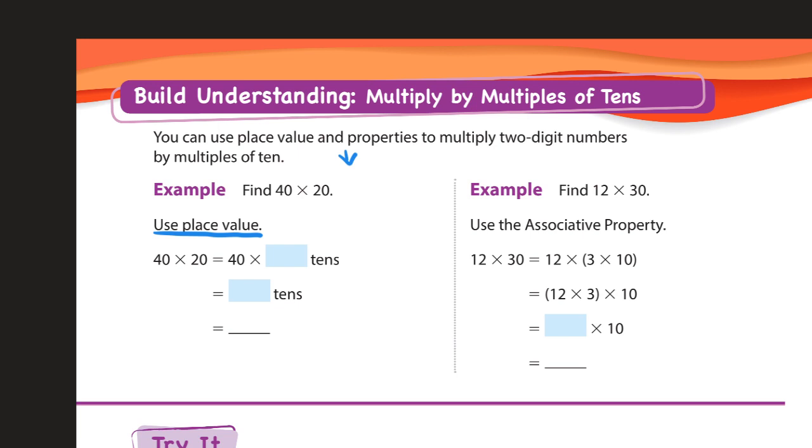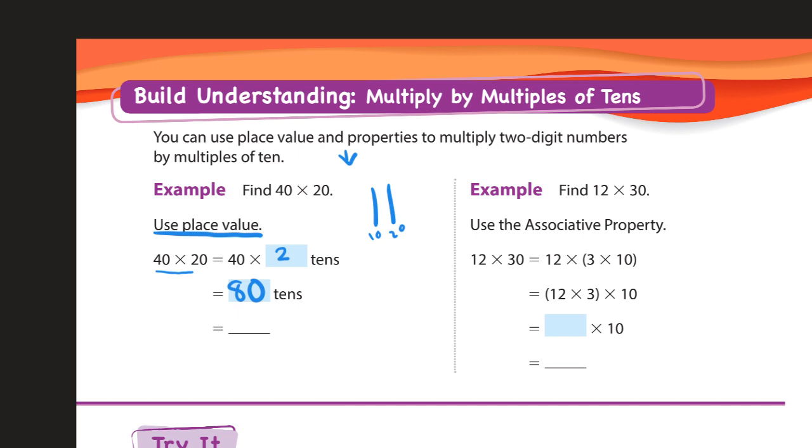So we can say that 40 times 20 is 40 times 2 tens, because I know 2 tens is 20. I have 10, 20. I know it's the same thing. So now I can multiply 40 times 2 tens, and that will give me 80 tens.